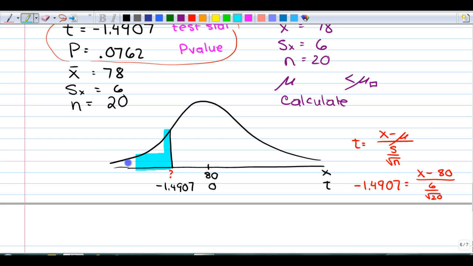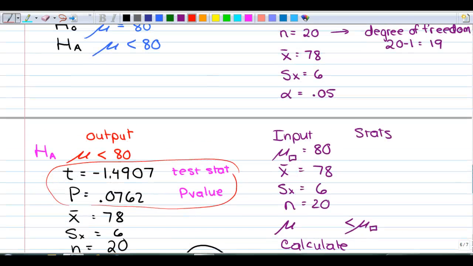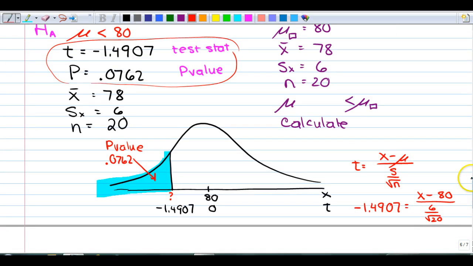This area is the p-value, which is 0.0762. We were going to do a significance level test at the 0.05 level. That means 0.05 should be that area.